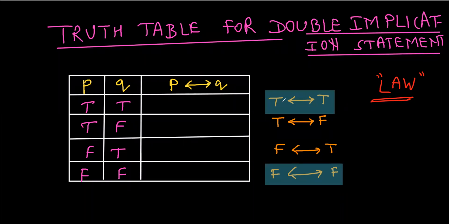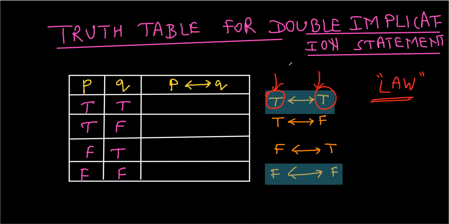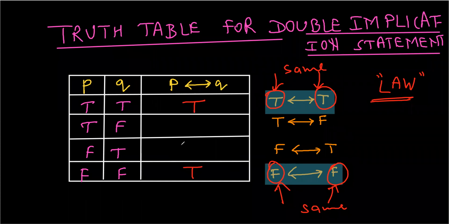The law says, when the two statements in a double implication or biconditional statement have the same truth value, true, true, they are same truth values, false, false, they are same truth values, then the truth value will be true. And in other cases, it is false.